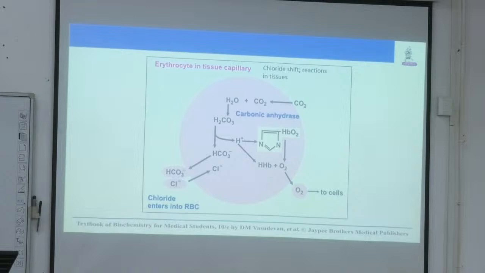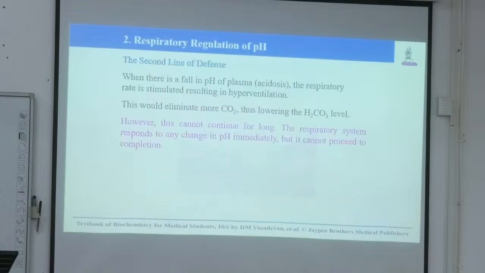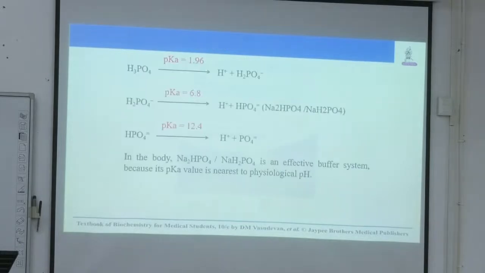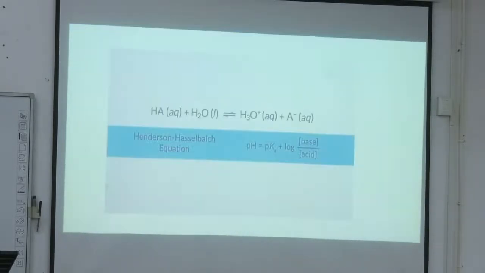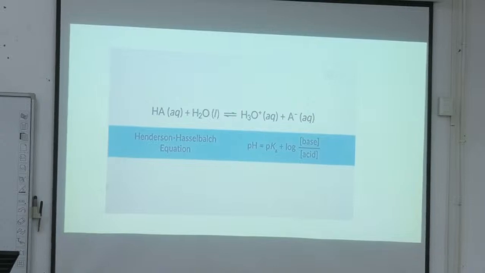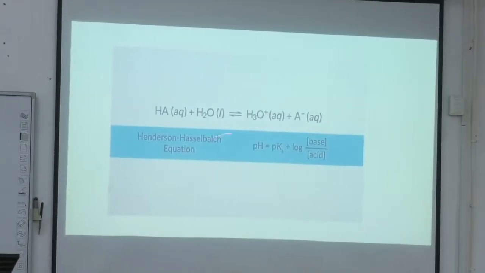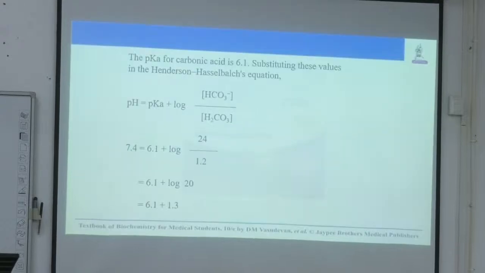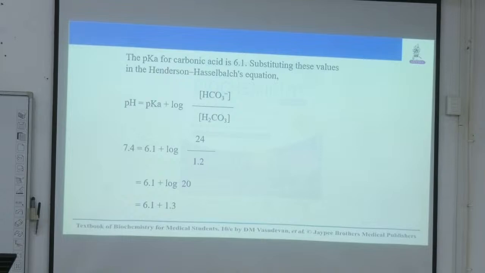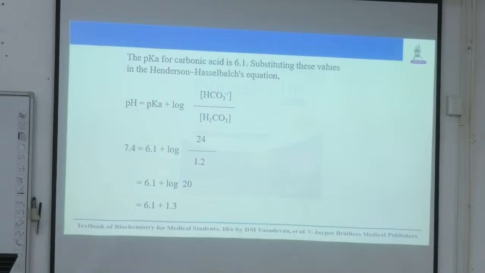H2CO3 will increase, correct? Which part? The lower part, the denominator. This part will increase, so the ratio will become less. So it won't be 1.3 anymore. It will be less than 1.3. So what will happen? pH will be less than 7.4.